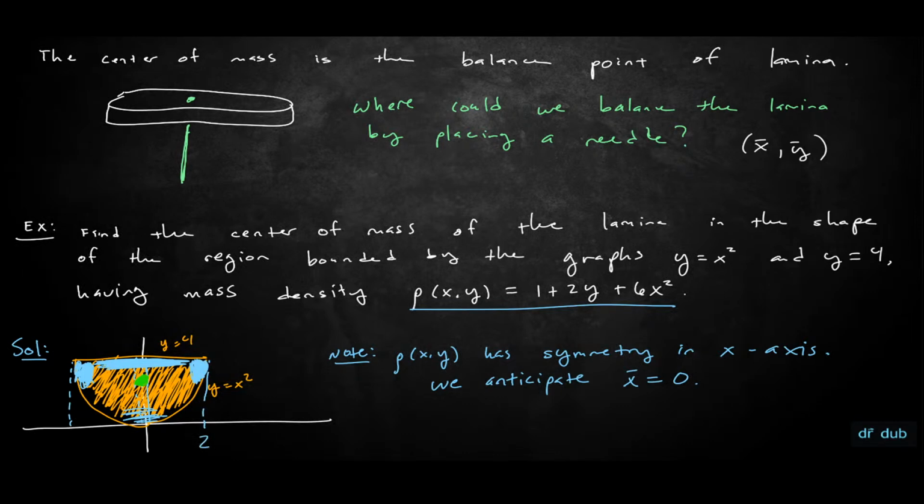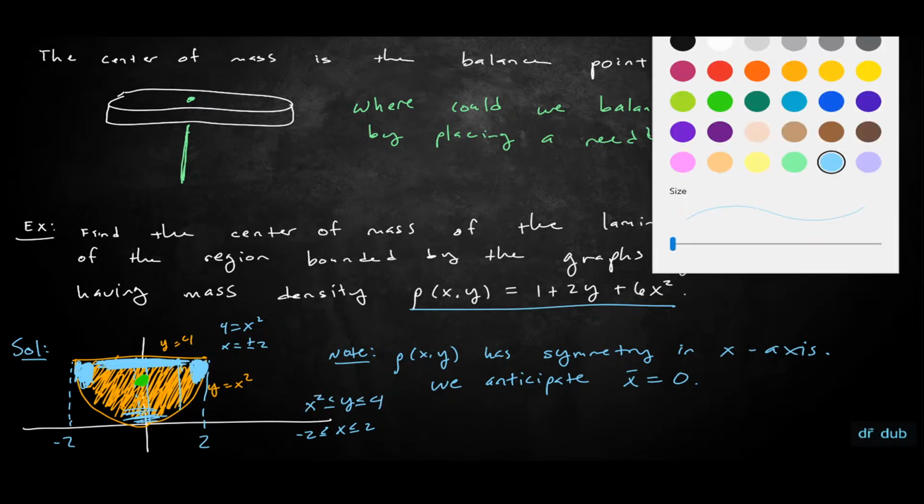The graphs intersect where 4 equals x squared, so x equals plus or minus 2. Then y goes from x squared to 4. So negative 2 less than or equal to x less than or equal to 2, and x squared less than or equal to y less than or equal to 4. Those are our type 1 bounds.